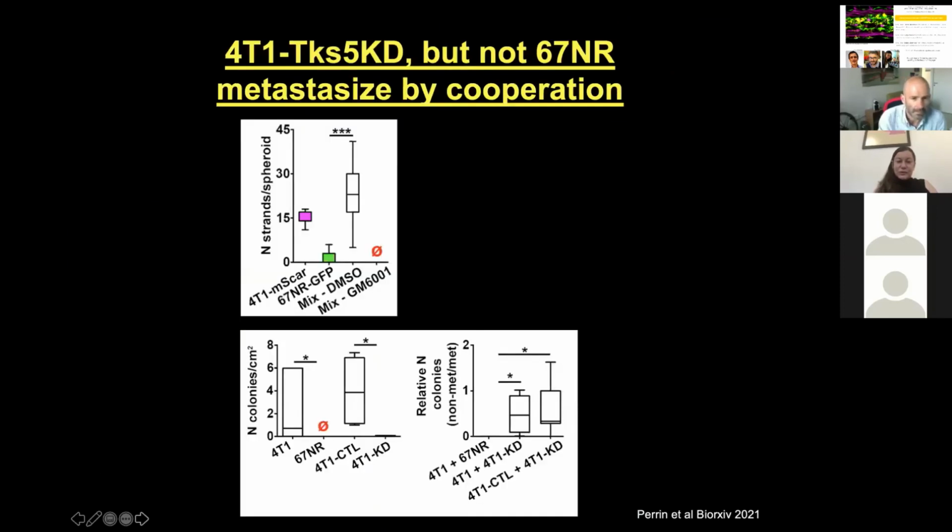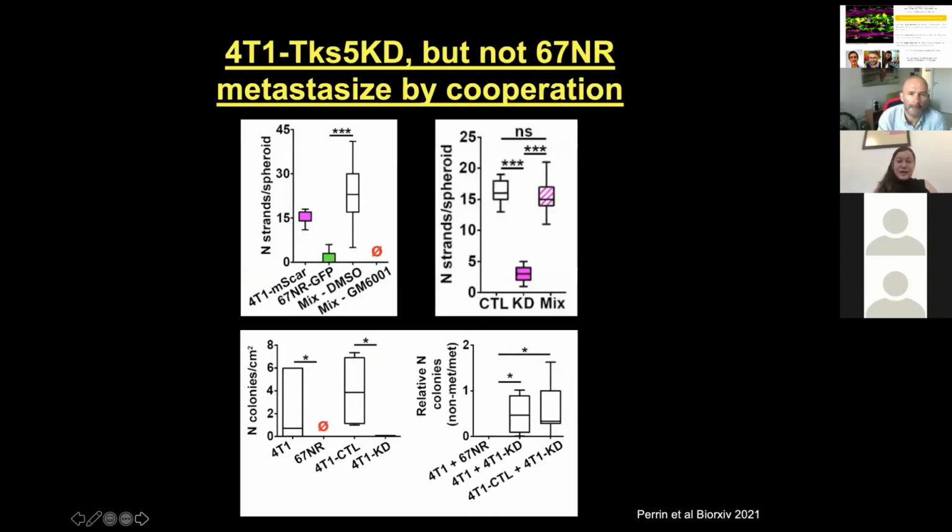Now, the most important question for us was, what happens if you inject these cells as a mix? So basically, can they cooperatively metastasize? And the answer is, 67NR cannot cooperatively metastasize, but the 4T1 TKS5 knockdown can.